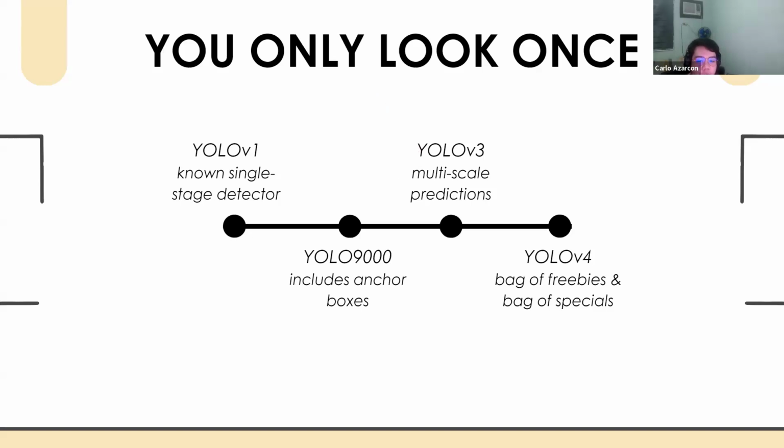Then next is YOLOv4, which introduces the concept of bag of freebies and bag of specials, where the bag of freebies pertains to new modules and data augmentation strategies that could help in training, while the bag of specials pertains to modules and post-processing techniques that would help slightly improve the performance of the model.